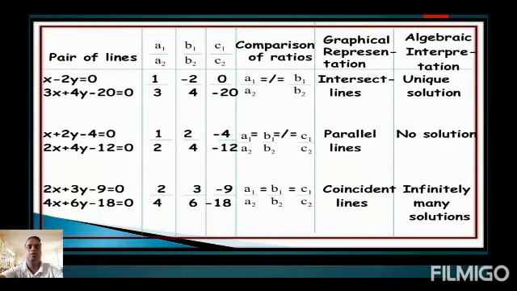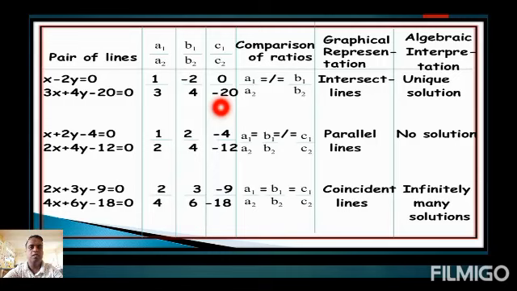See here, given x minus 2y equal to 0 and 3x plus 4y equal to minus 20. Here a1 by a2 is 1 by 3, b1 by b2 is minus 2 by 4, c1 by c2 is 0 by minus 20.